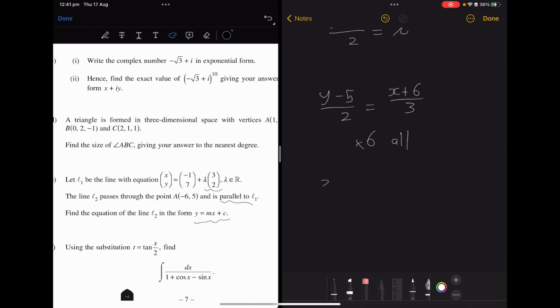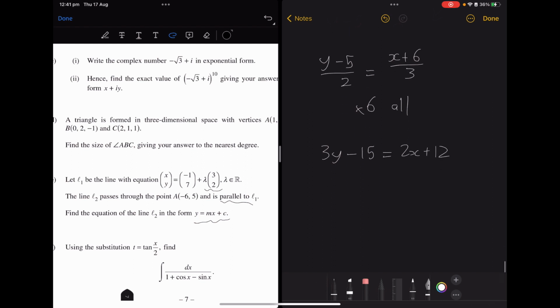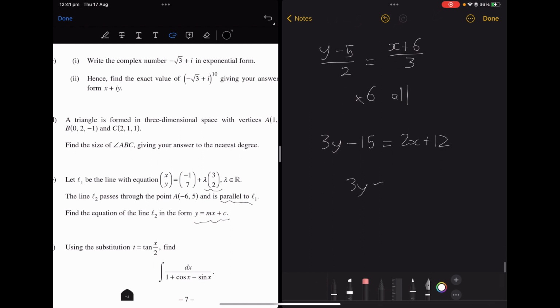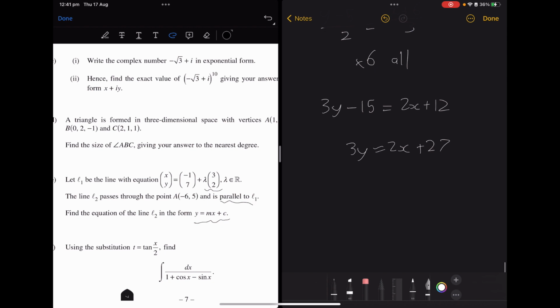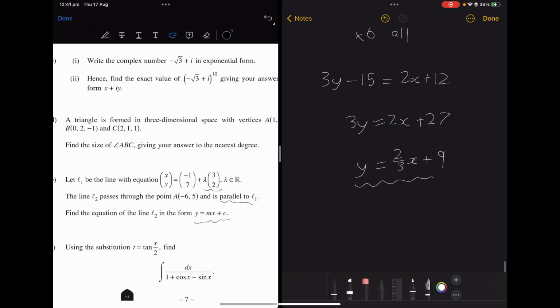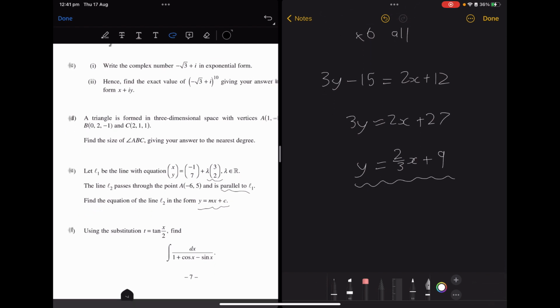So 3y - 15 = 2x + 12. 3y = 2x + 12 + 15, which is plus 27. Finally, y = (2/3)x + 9. And that will be our answer for part E.